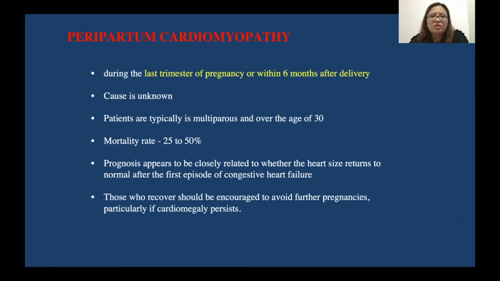Prognosis appears to be closely related to whether the heart size returns to normal after the first episode of congestive heart failure. For those who recover, especially if cardiomegaly persists, it is encouraged to avoid further pregnancies. So you need to advise the patient to undergo a permanent type of contraception such as bilateral tubal ligation.